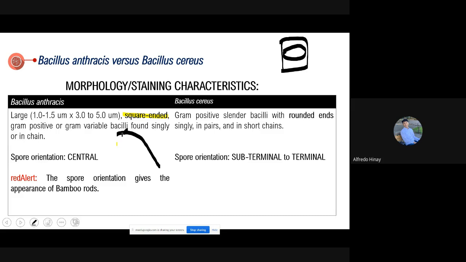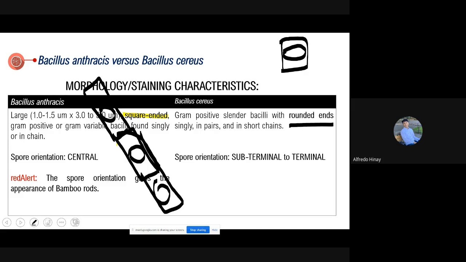So, square-ended. Sorry, class. Huwag niyo akong i-judge. And then, central siya. Okay? Then, the spore orientation gives the appearance of bamboo-shaped rods. Kasi, pwede silang magdikit-dikit, class. Para siyang bamboo-shaped appearance. With your Bacillus cereus naman, class, rounded end siya.